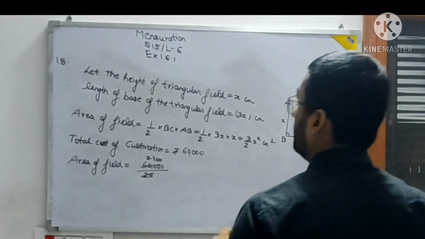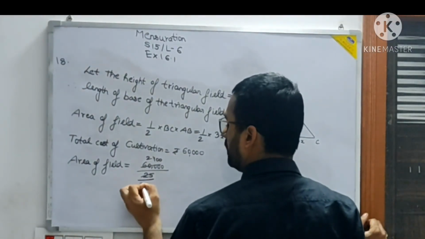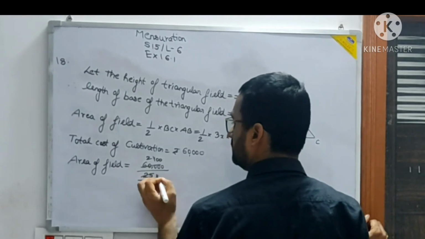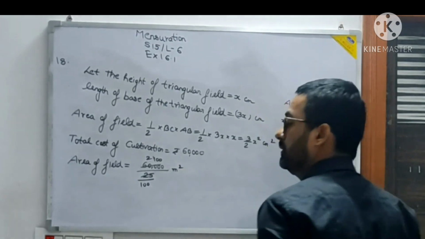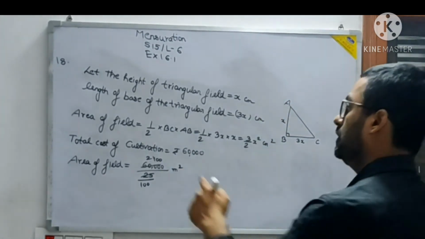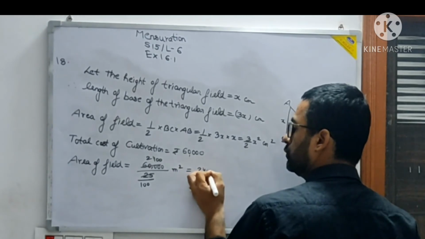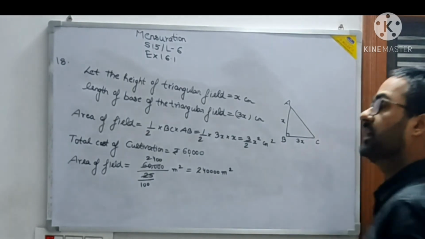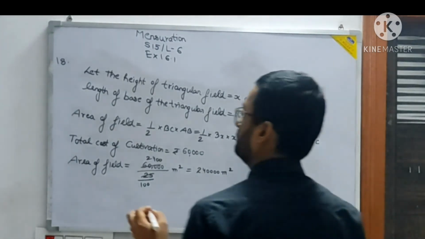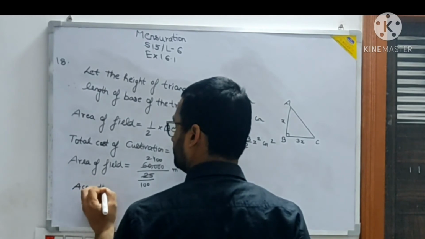Now see, per 100 meter square. So write here upon 100 meter square, because rupees 25 per 100. So 100 will come in the numerator. That means 240000 meter square. That is the area of the field. And you write here according to the question.